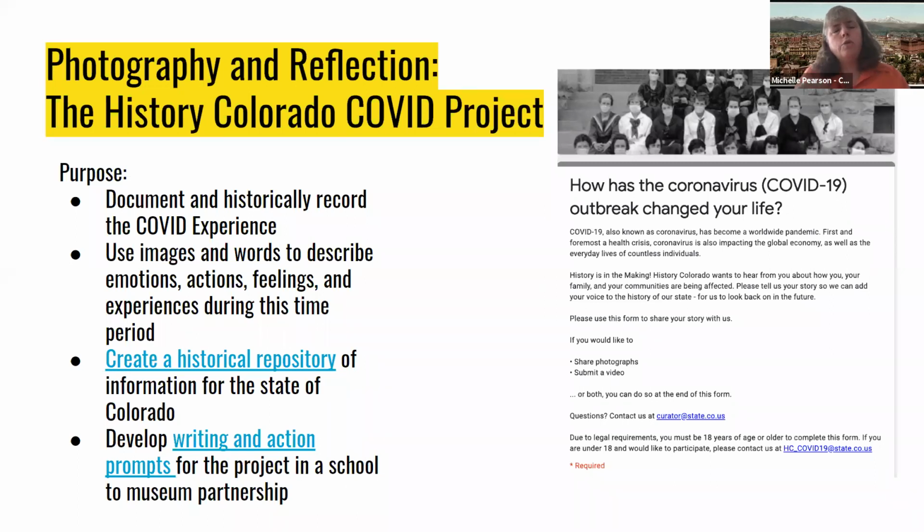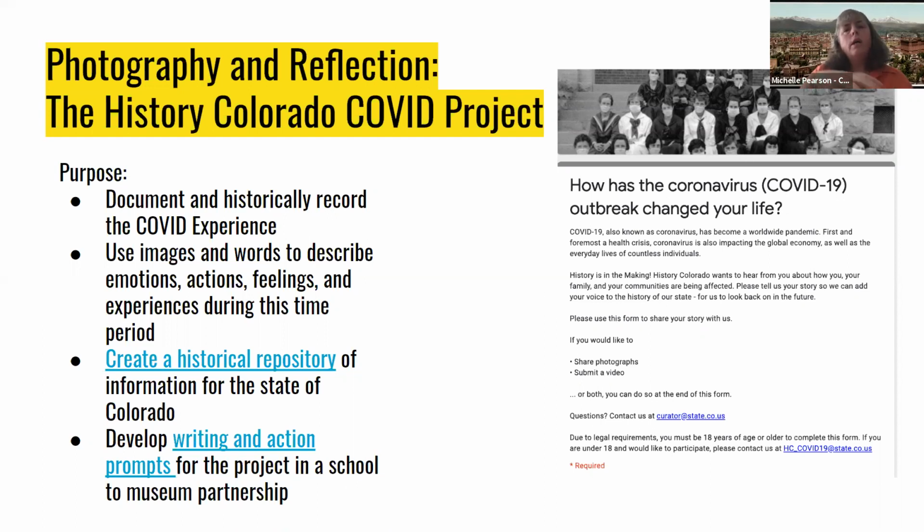So the goal was to create a historical repository. It was an adult goal. The museum came out and said, hey, adults, you want to do this? We came back and said, hey, what about the kids? And they said, well, they could fill it out. We said, well, we want to do it a little bit different way. And so we said, okay, we're going to do this our way. We partnered with the museum and we tagged up with their memory project.